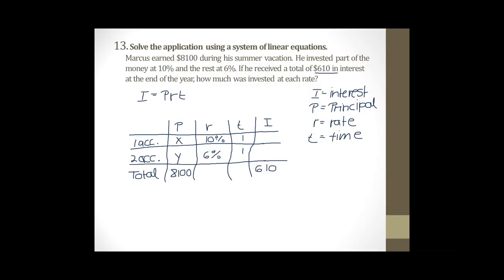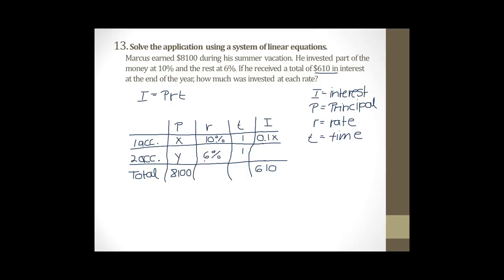And remember, whenever you're dealing with a rate, you also have to convert it into a decimal. So 10% becomes 0.1. You move the decimal place 2 places to the left. So multiplying these together, 0.1x times 1 is still 0.1x. And then for the second line, I'm multiplying these together, again converting this into a decimal.